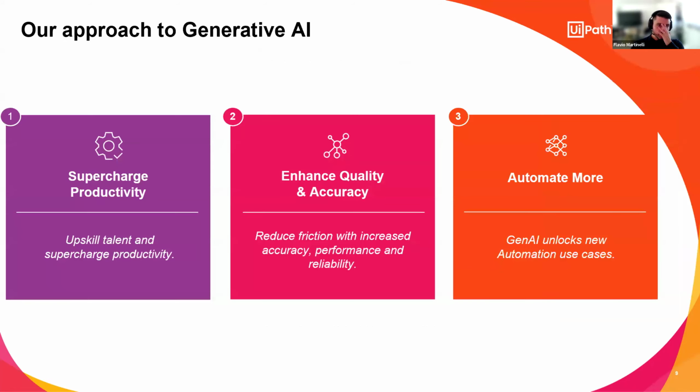So, why do we use generative AI or AI in general? Well, for three particular topics: to supercharge our productivity, to enhance our quality, and to automate more. What does it mean? It means that we can use AI, for example, to speed up our coding skills.